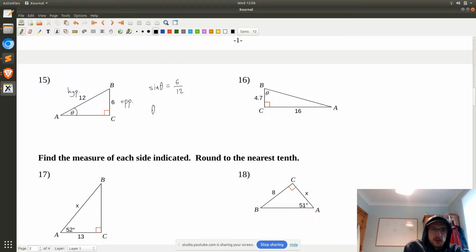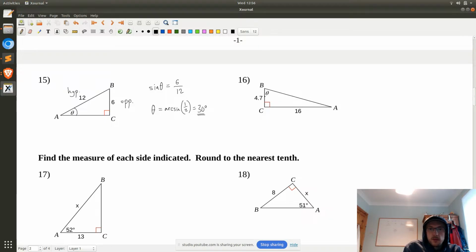So just do arc sine. 6/12 is a half. Now I just know that that's 30 degrees. But always check with these things. And it is. It's 30 degrees exactly. That's one of the exact trig values that you're expected to know.